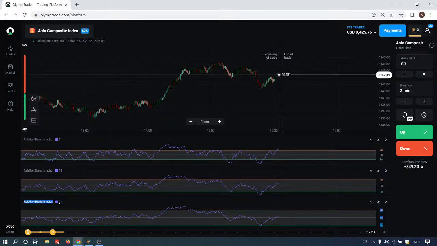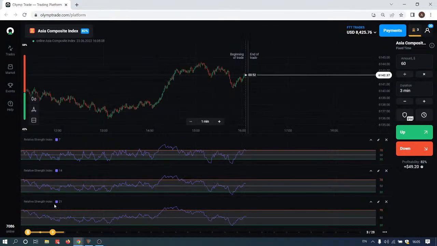Now, this 21 RSI is the slowest one, it has the biggest period, and it reacts to any changes in the chart at the slowest rate. The 14 RSI is the standard one, and the fast one has the period of 7. So we have this real interesting situation here, right? Once again, 7, 14, and 21.